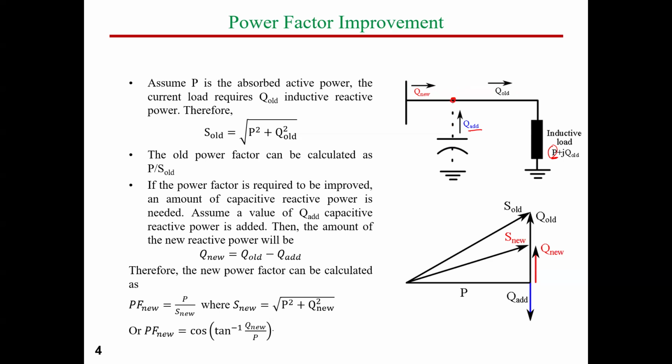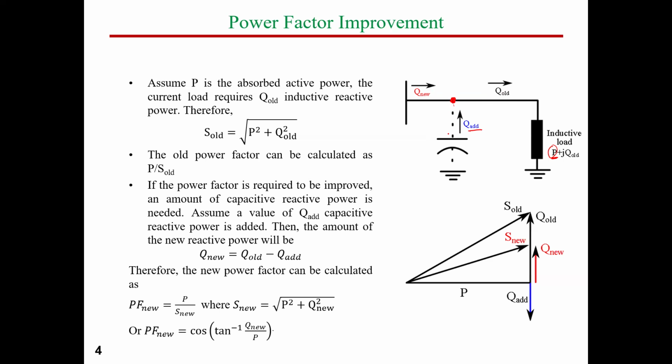This is just applying Kirchhoff's current law, because the direction is typically like current. Just apply Kirchhoff's current law to the reactive power as well. So Q new plus Q add equals Q old, or Q new equals Q old minus Q add.